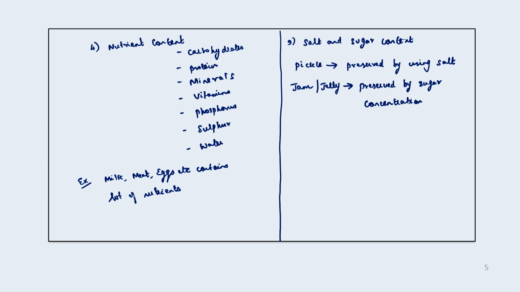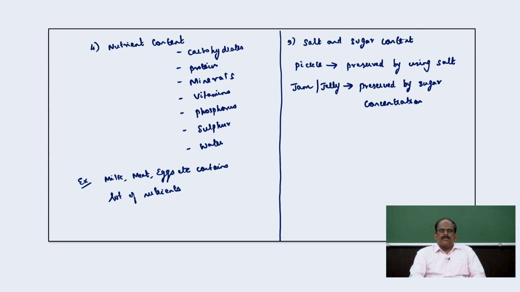Normally at homes, pickle does not require a controlled environment; it can be preserved without having a controlled environment.